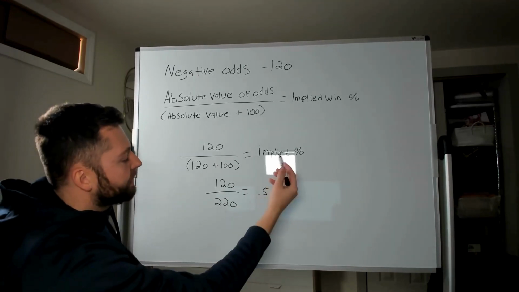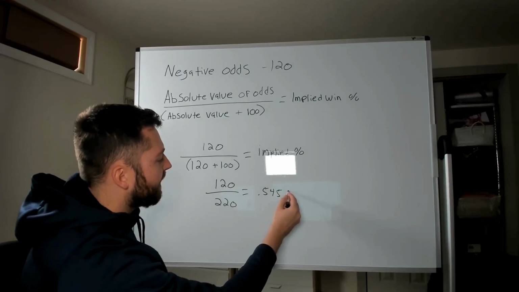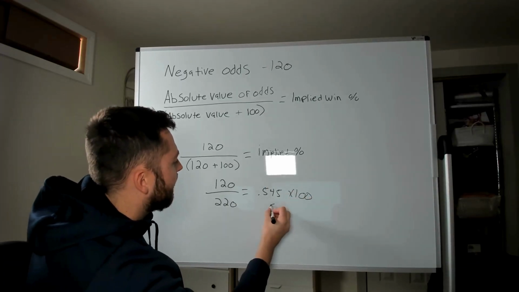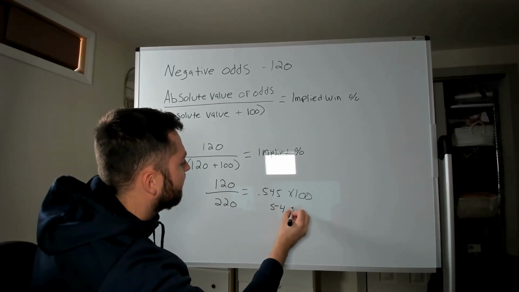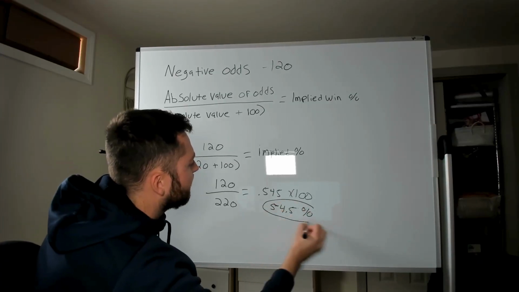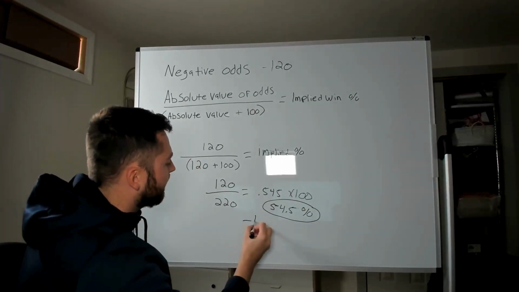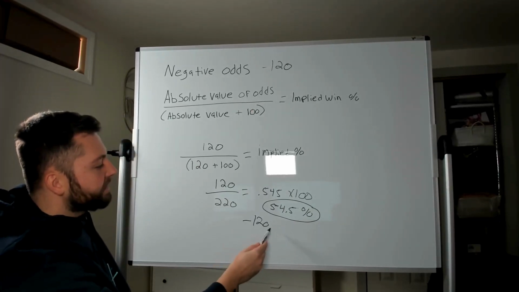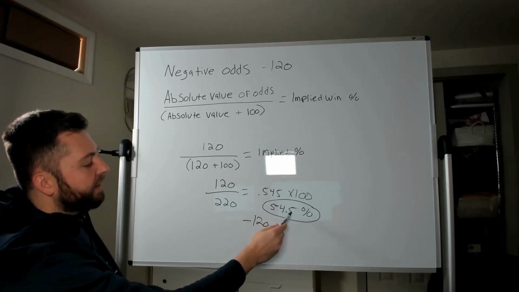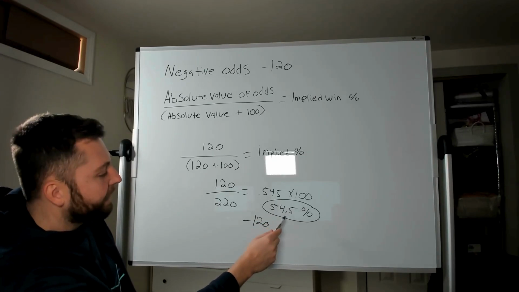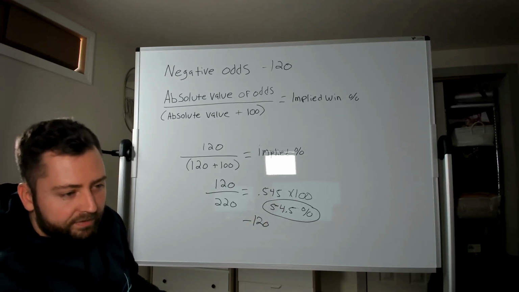If we want to get this into a percentage, we just multiply it by 100, which gives us 54.5%, which is the win probability of a minus 120 line. So if we are betting into minus 120 lines, we need to win 54.5% of our bets to break even. And if we want to make money, we need to win more than 54.5%.